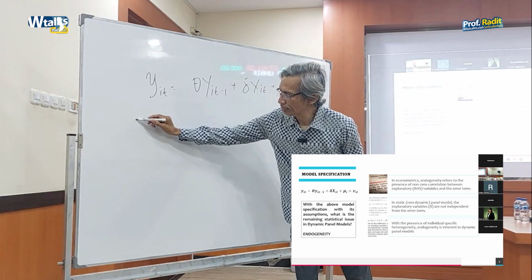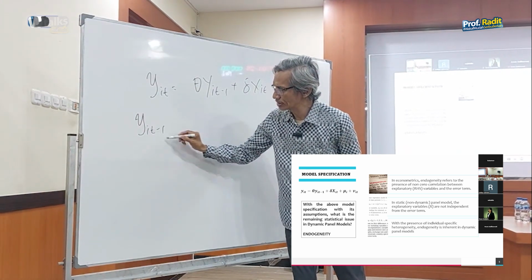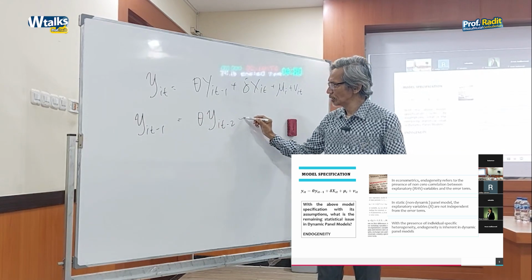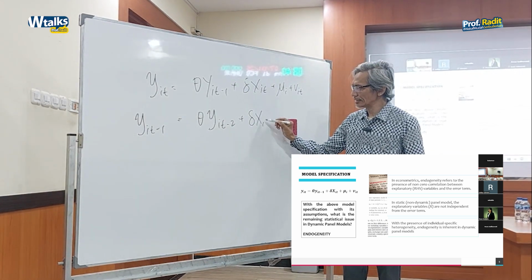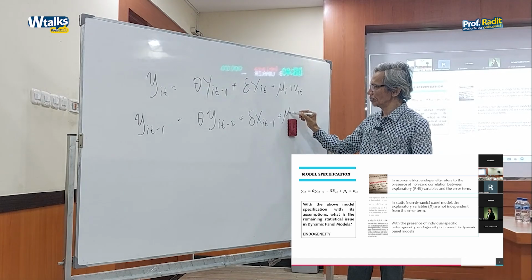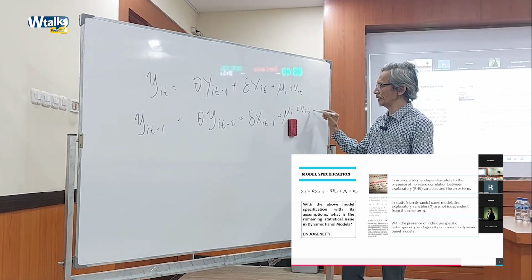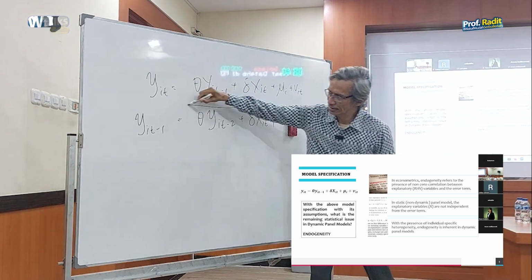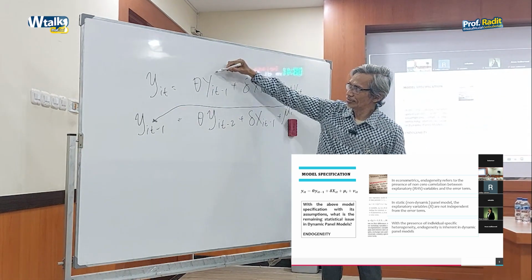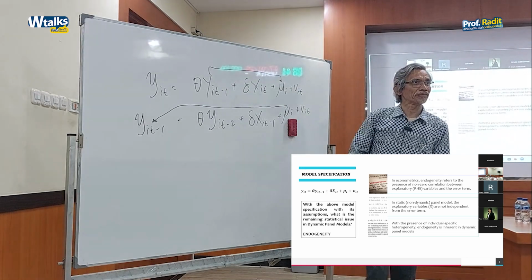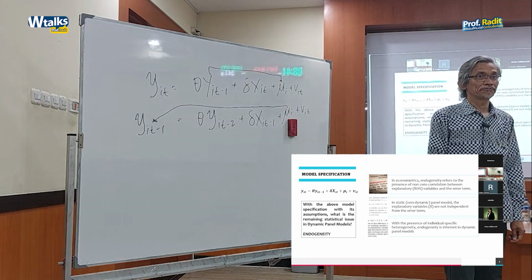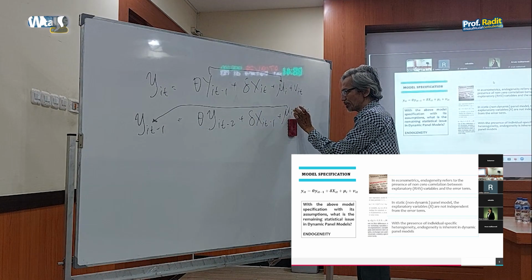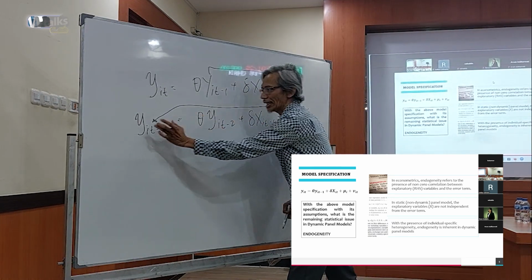And if I write my equation for yit minus 1, this one will be equal to theta yit minus 2 plus delta xit minus 1 plus mu i plus vit. And you look at this: the individual specific effect is a determinant of this. And that's why these two are correlated. Simple, right? Because the individual specific effect is a component in yit minus 1.